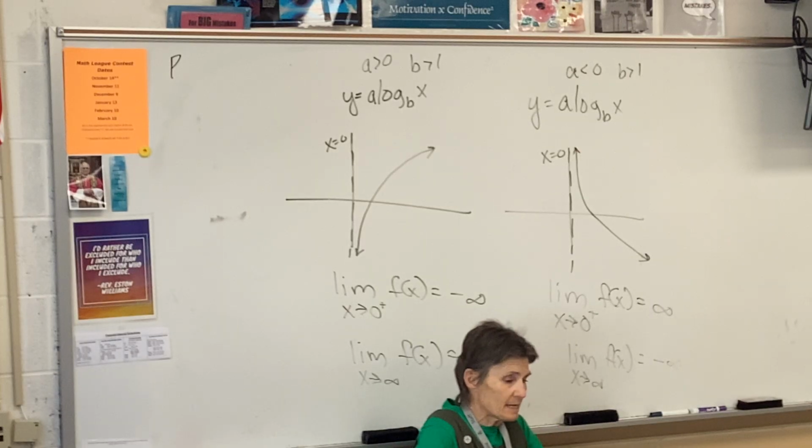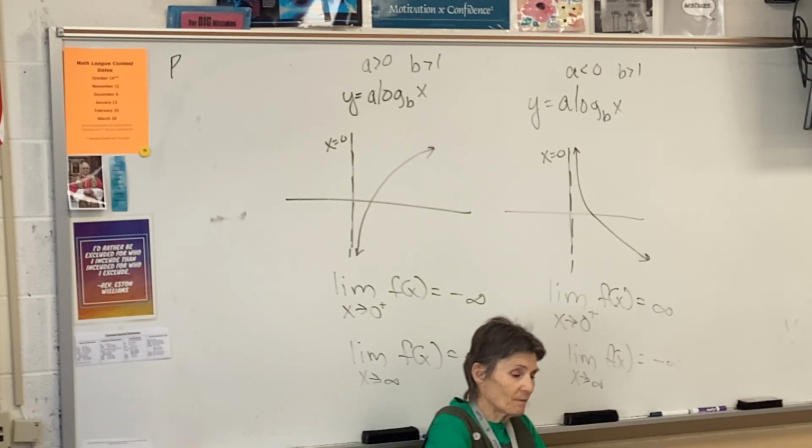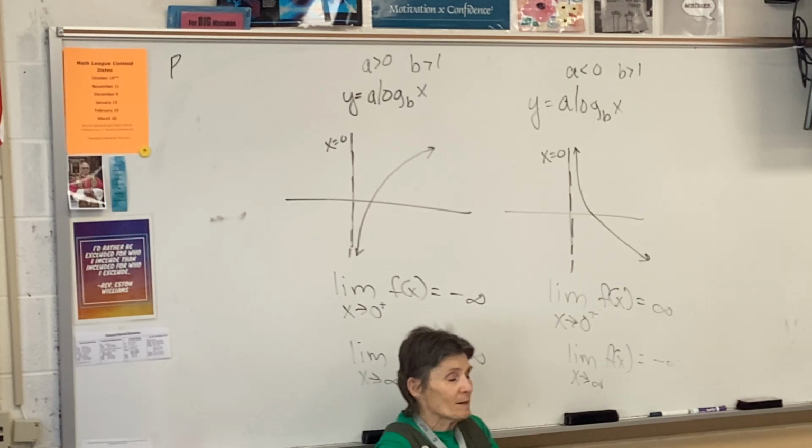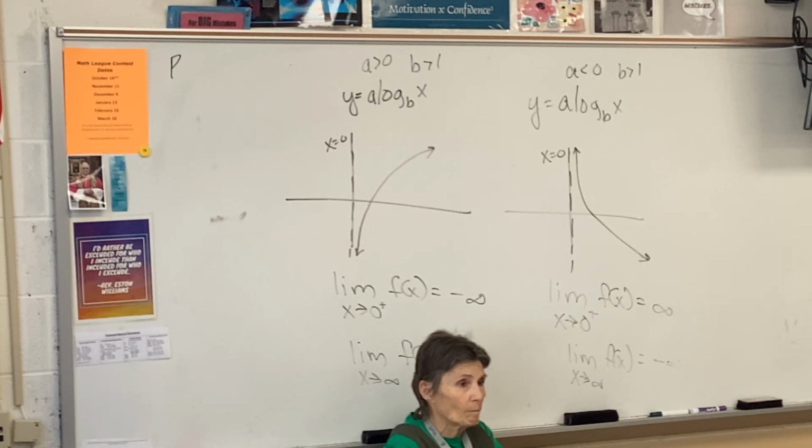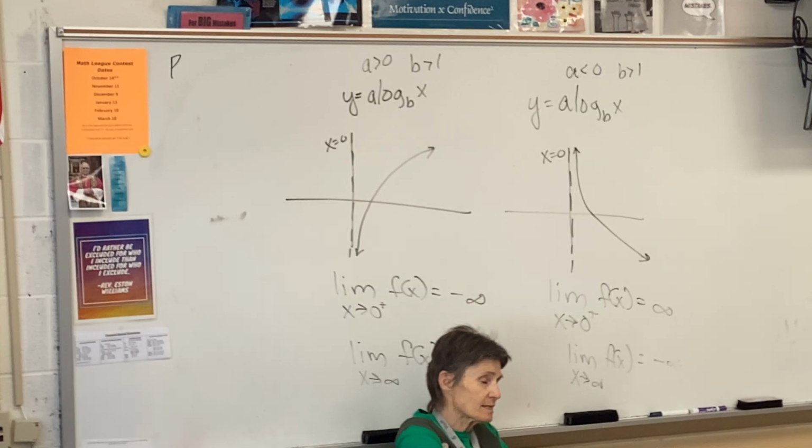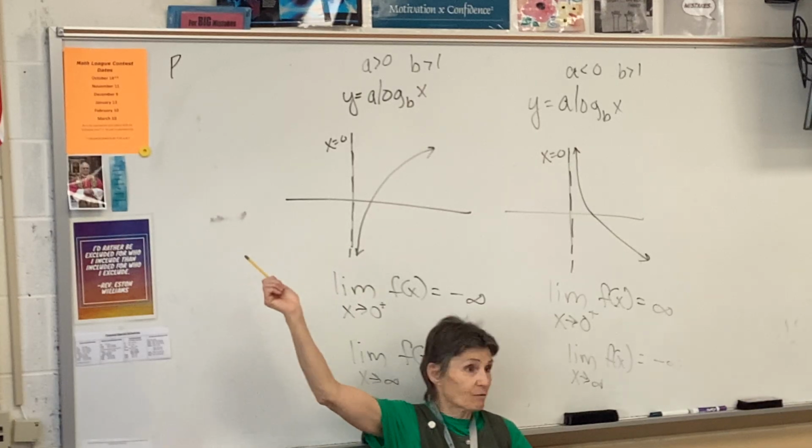Now for G, think about what that looks like. Your base is bigger than 1, so it's a normal logarithm. Your coefficient is positive. So isn't picture C this first one right here?